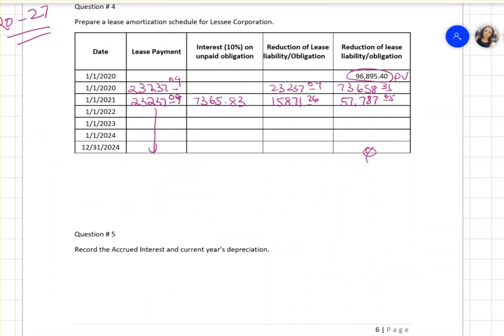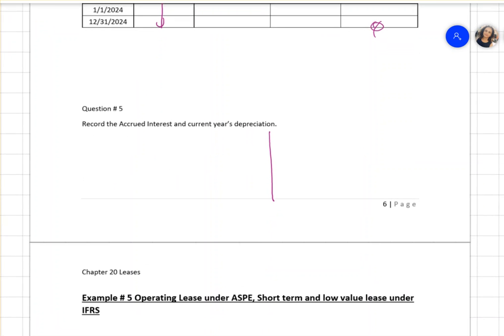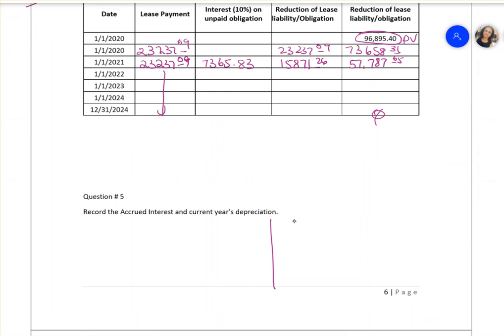Of course, if your payment changes, your obligation changes, and your interest will change. We already showed you the table, how to calculate it. We're going to record under the ASPE, and we're going to record under the IFRS. Here we have an interest expense, then we have an obligation under lease.